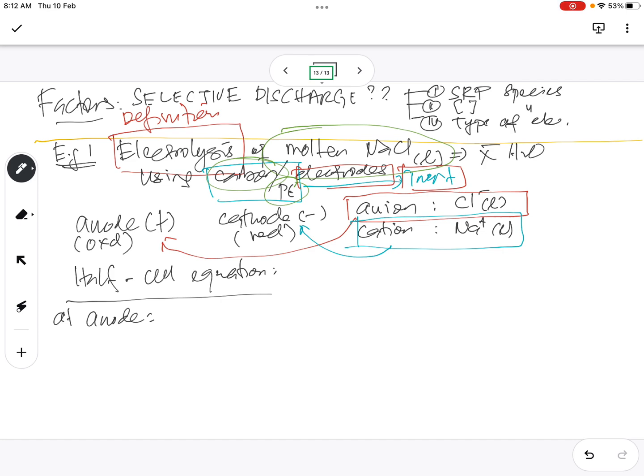Cl negatif yang pergi kat anode. Cl negative moves towards anode, and Cl negative will undergo oxidation. So meaning to say Cl negative as negative 1 will be oxidized to Cl2, 0. Oxidation number dia akan bertambah. Daripada negatif 1 dia akan jadi kosong. Itu menunjukkan oxidation.